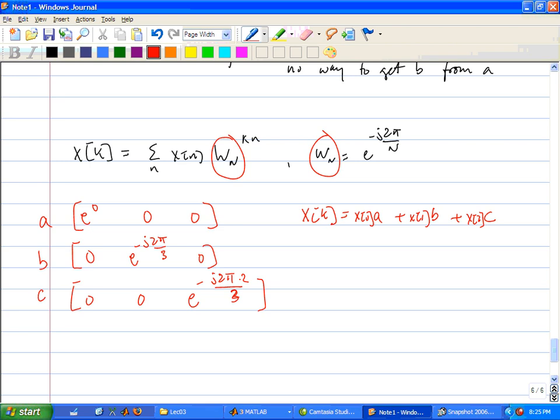Small x n, say this is W, then we get the inverse as just the complex conjugate, the Hermitian matrix of W. I'm not sure I follow you.